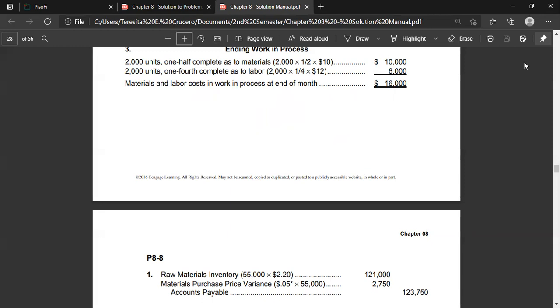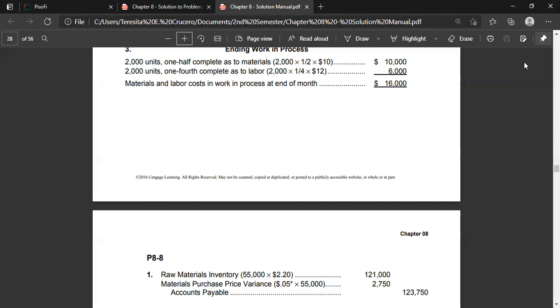That's the labor rate. Then for the 2,000 units, one-fourth complete as to labor. We now multiply 2,000 units times one-fourth and then multiply by 12. That's now your labor rate. Well, the material rate is 10. So we get the materials and labor cost in work in process at the end of the month equal to $16,000.